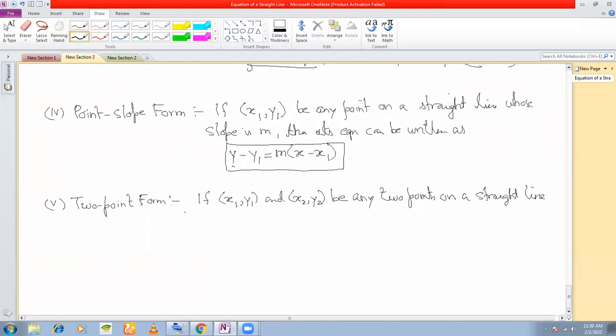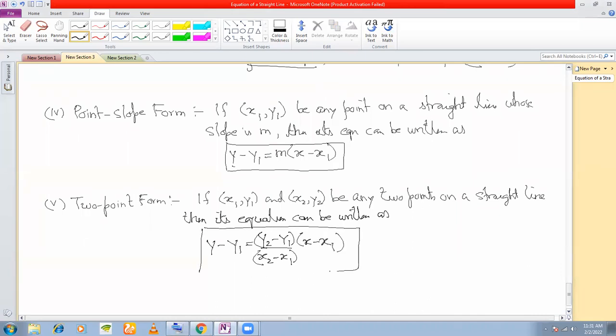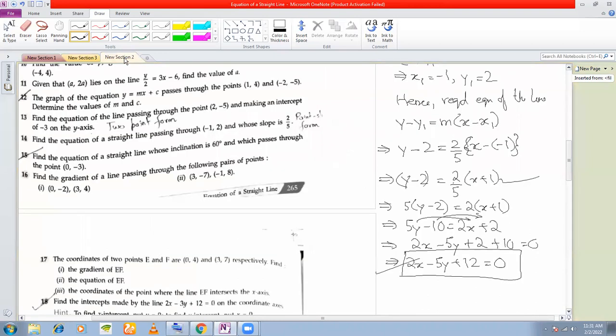Then its equation can be written as y minus y1 is equal to y2 minus y1 by x2 minus x1 into x minus x1. Okay, remember this. y minus y1 is equal to y2 minus y1 by x2 minus x1 into x minus x1. You need to remember this by heart.